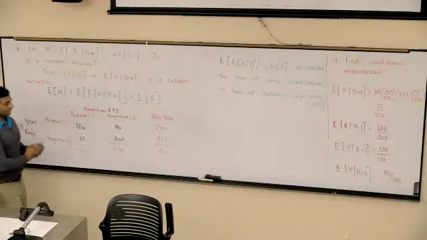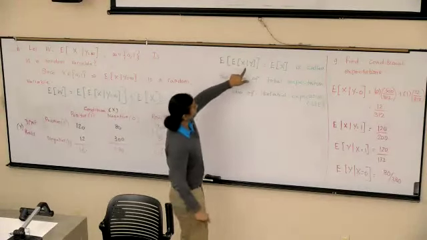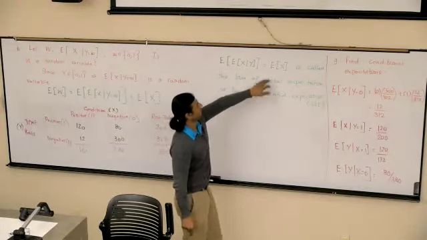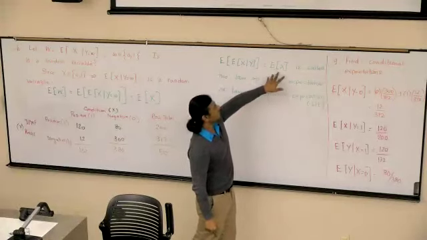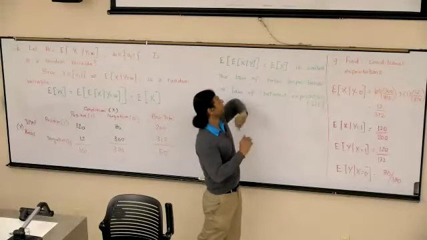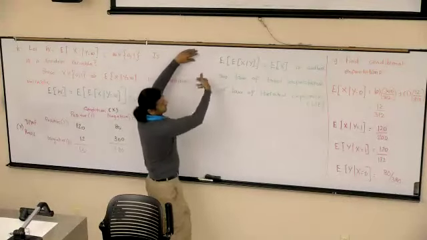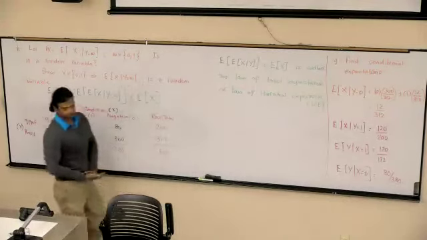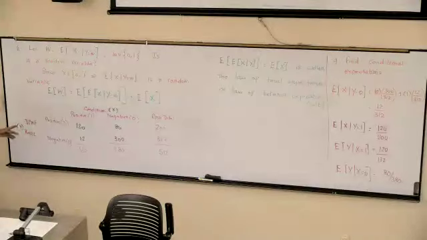So expectation of X given Y would simply be equal to the expectation of X if I took expectation one more time. Now let's use our example to see if that works out.